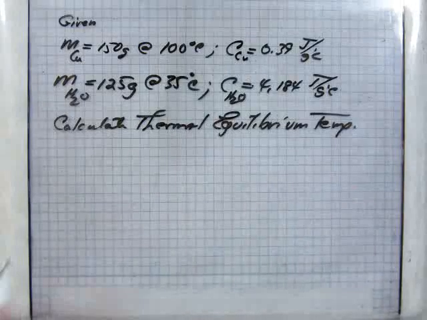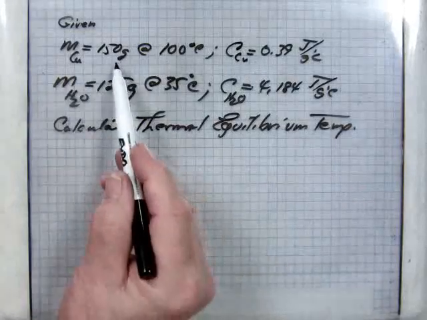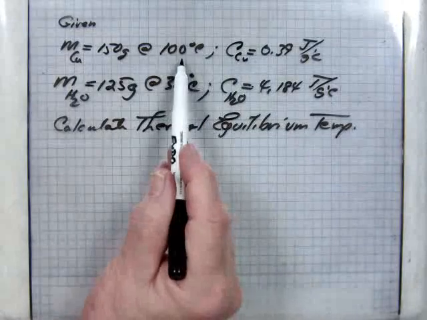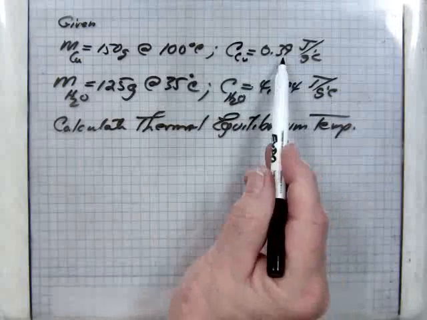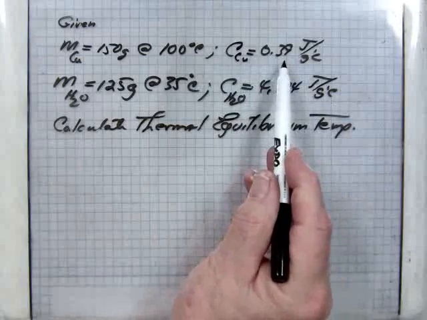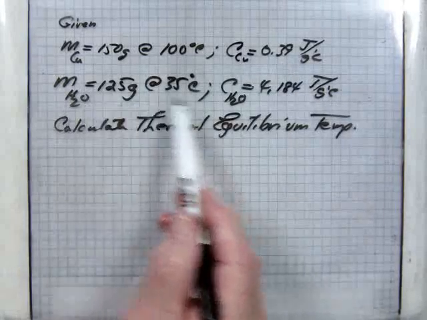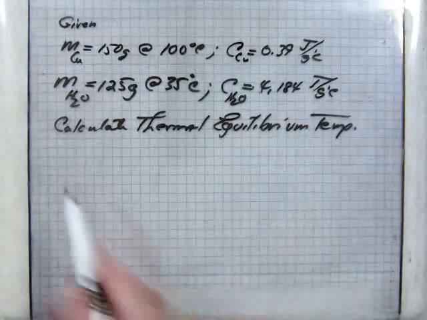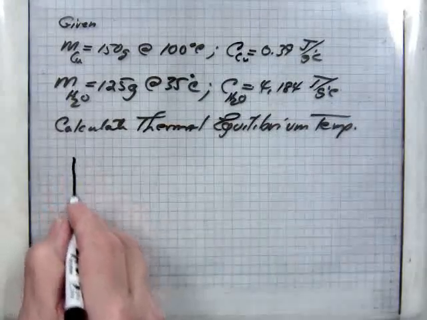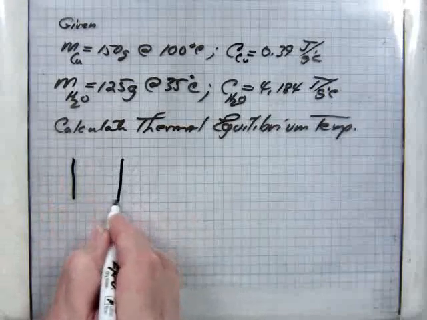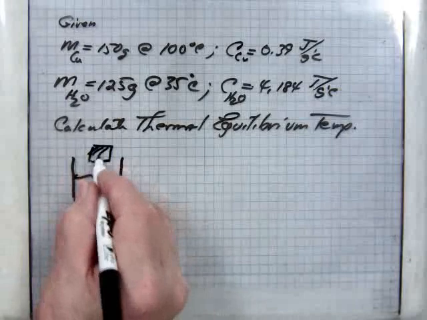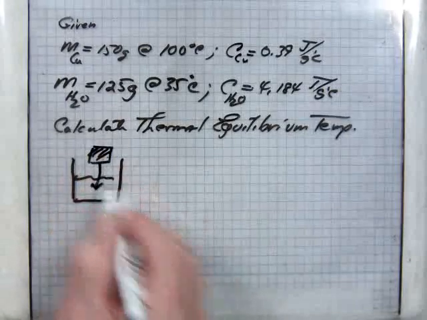So we're given a mass of 150 grams of copper at 100 degrees Celsius, and here's the specific heat of copper. The mass of water is given in the same context. Calculate the thermal equilibrium temperature. So what are we looking at? We're looking at dropping a block of copper into water.